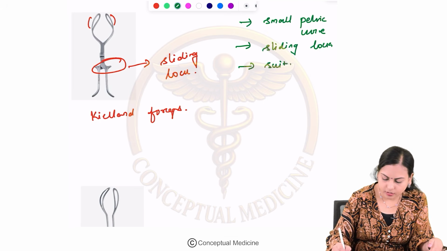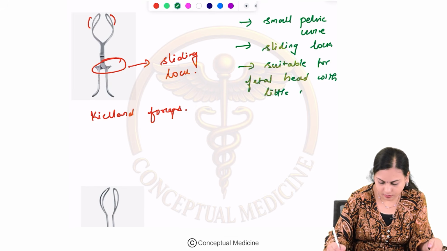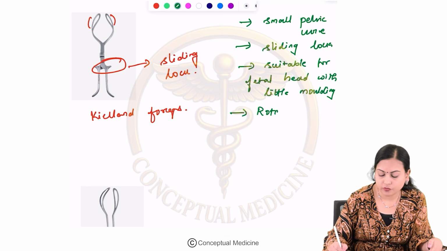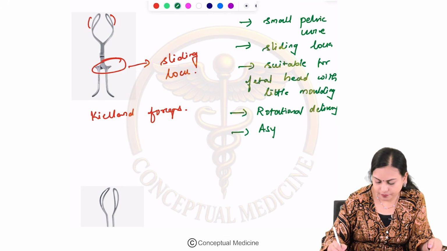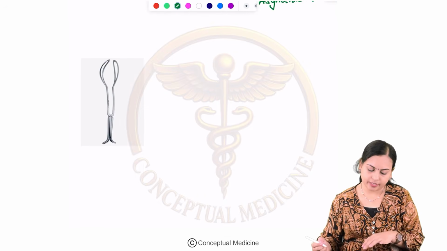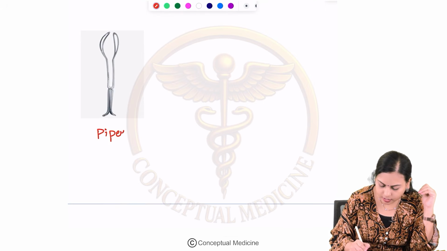It is suitable for fetal head with little molding. And this is most commonly used for rotational delivery and it also helps in correcting the asynclitism. Clear? Right.